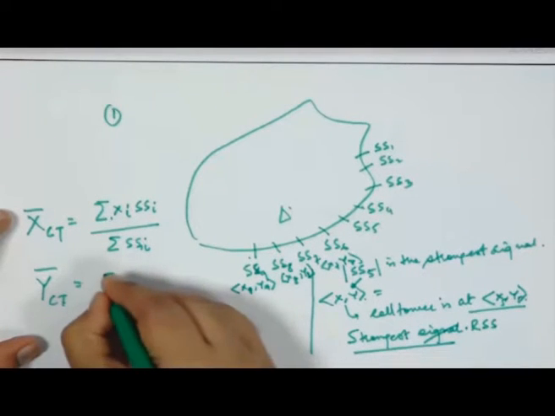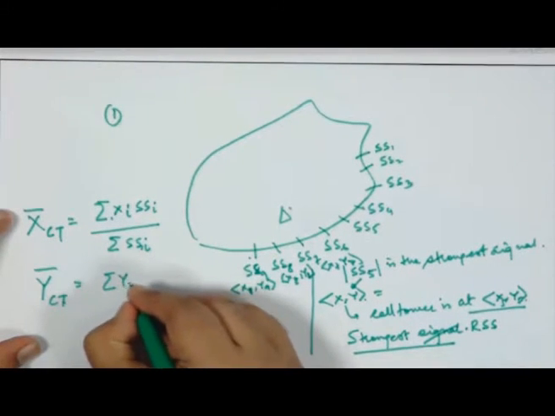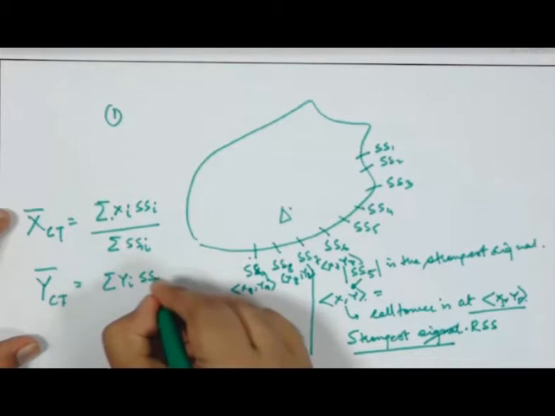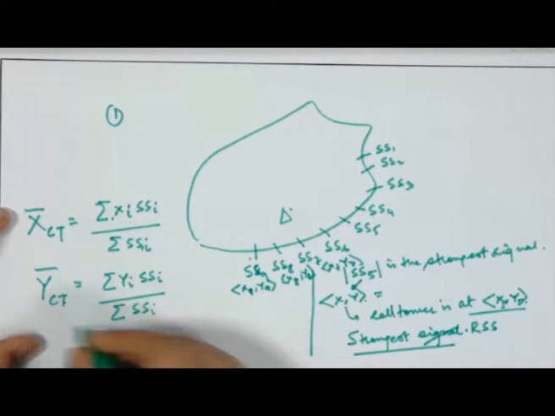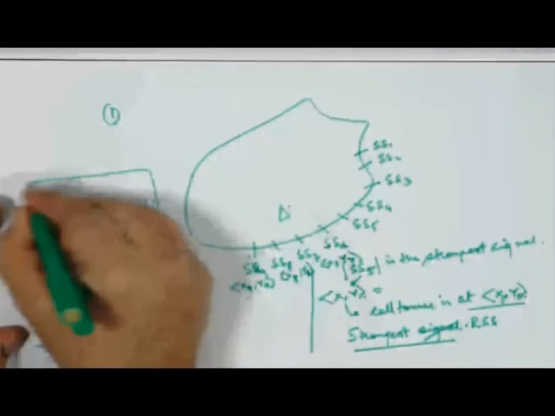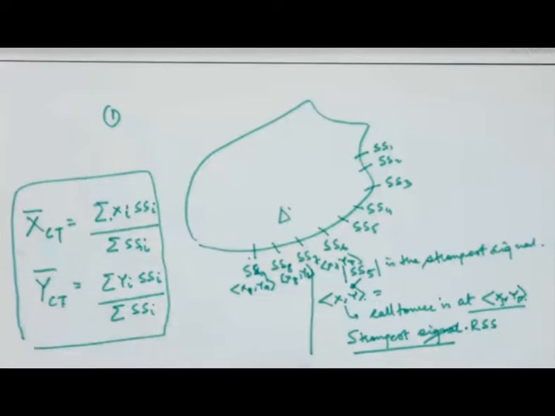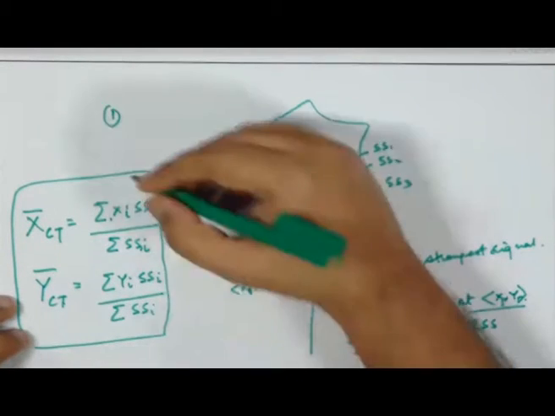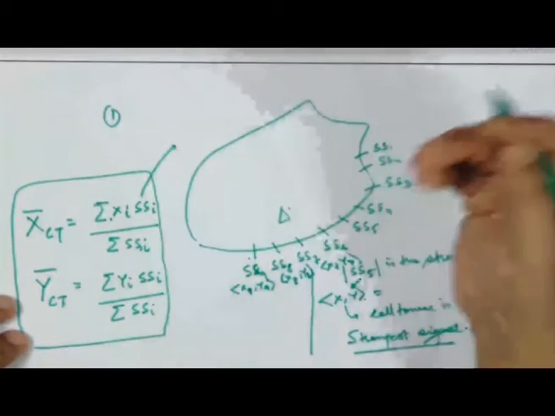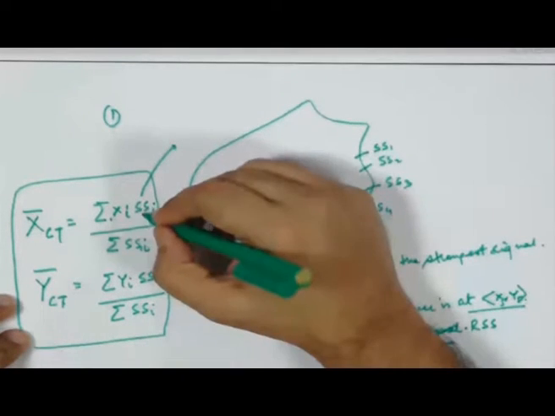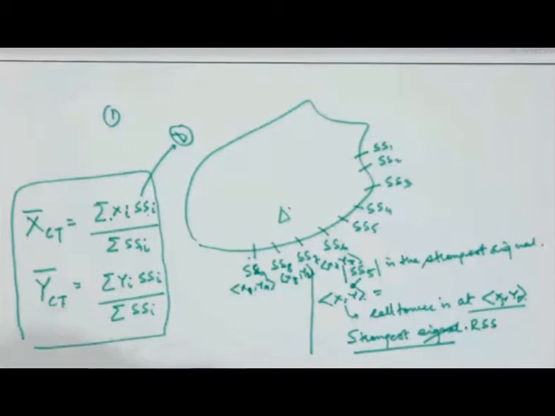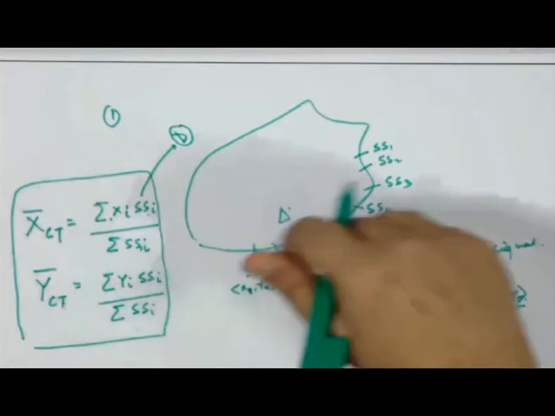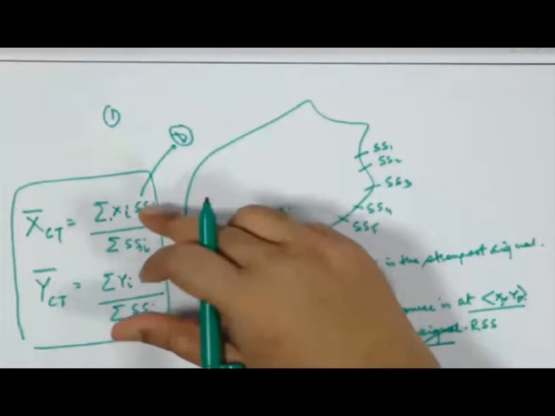So what is the understanding behind it? For Yi I write the summation of Yi SSI divided by the summation of SSI. So what is the reason behind this? The reason is simple. Last class also we said that signal is roughly corresponding to distance.